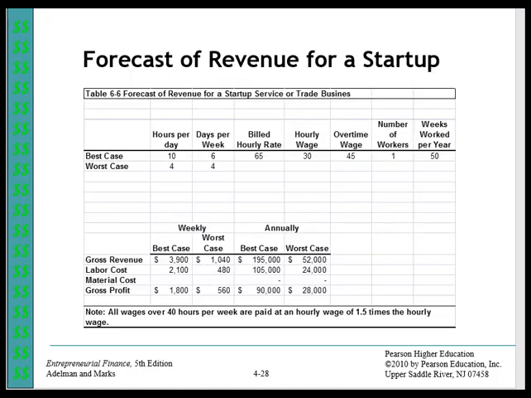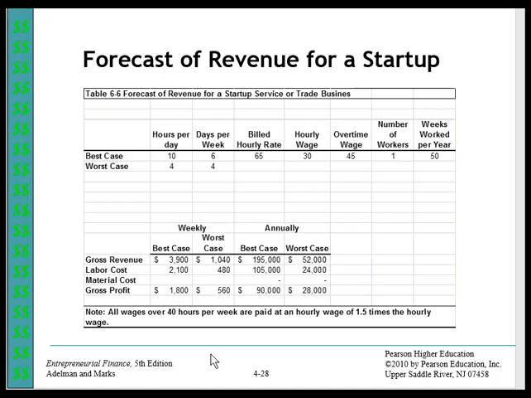But nonetheless, if we predict, maybe even do best and worst cases, finding out some averages, calculating gross profit for a company based on the information that we input, again, we can have some type of range between the best case and the worst case as far as weekly numbers, and then convert that to annual numbers.